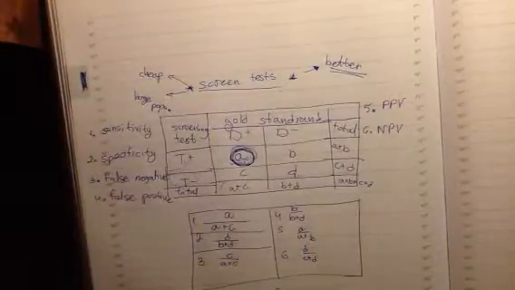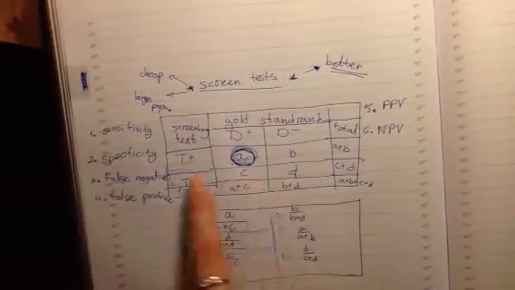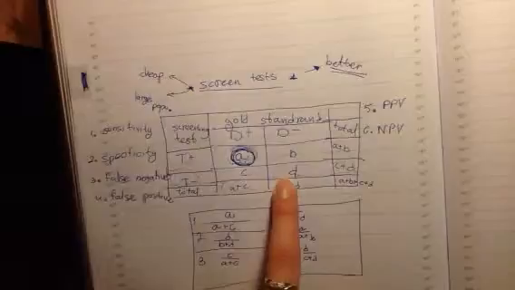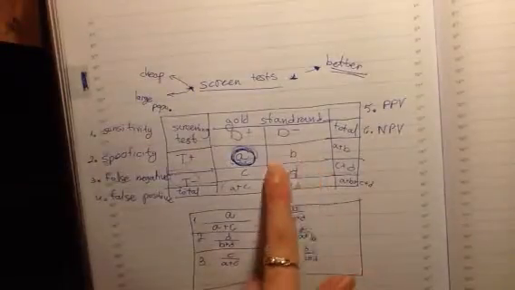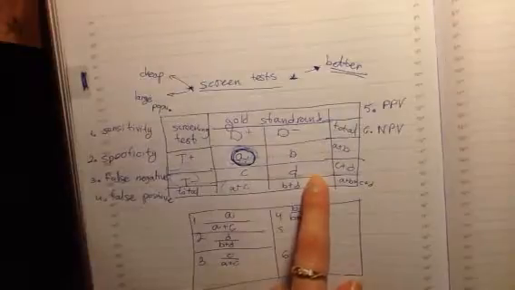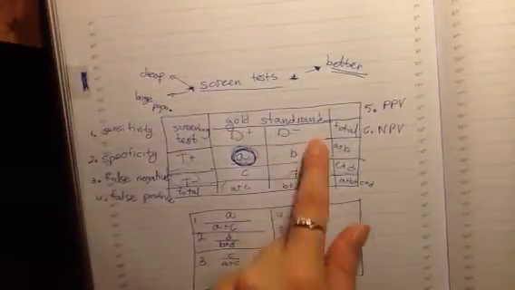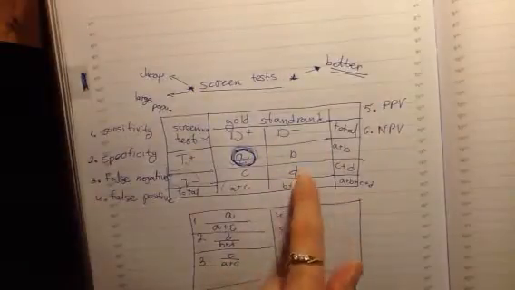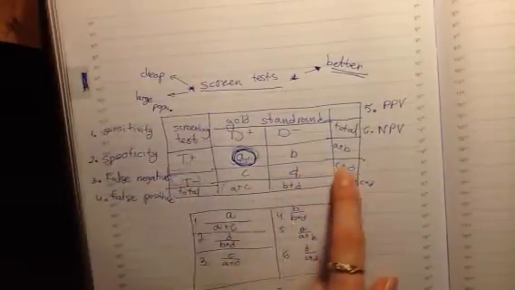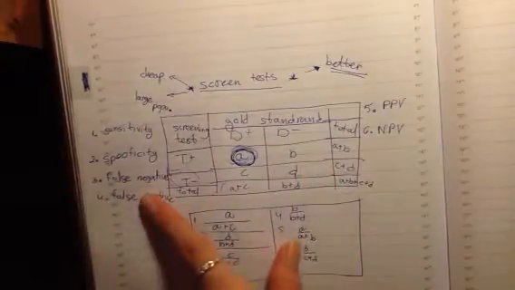Negative predictive value means the number of people I detected as negative in the screening test, from the amount of people that are actually negative by the gold standard. It means D divided by the number of people that are negative by the screening test.